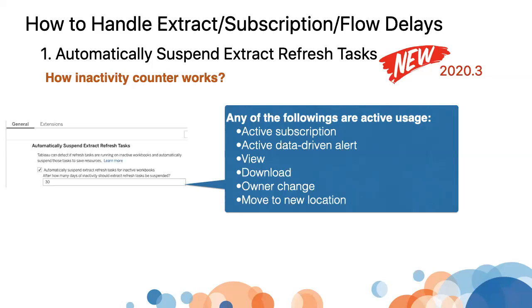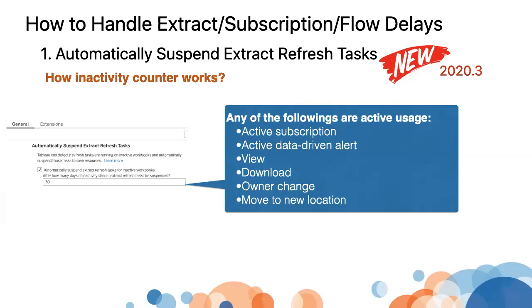Any active subscriptions or data-driven alerts, or of course the clicks or views, any downloads, any owner change of the workbook, or any move to a different location, different project. All those activities are considered active usage.